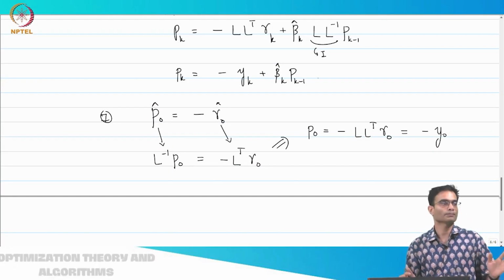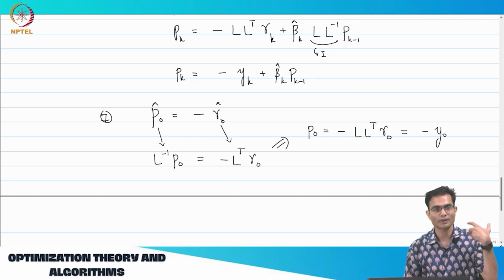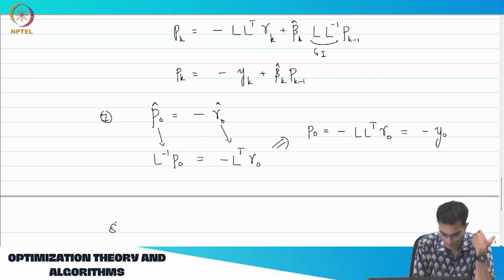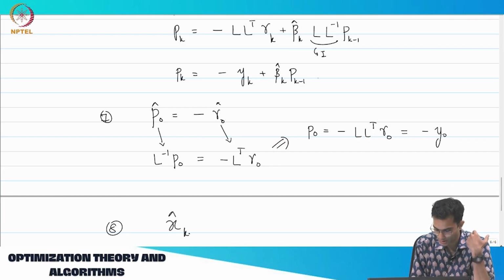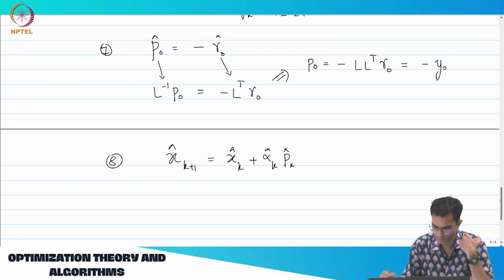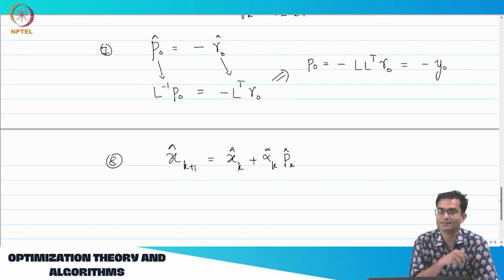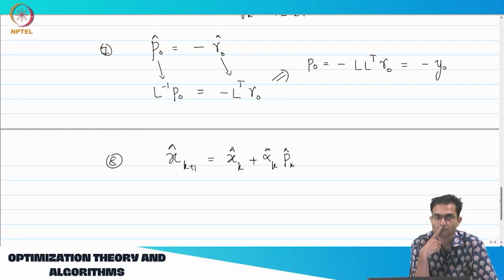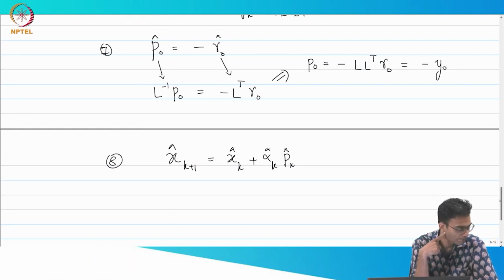The final piece of the puzzle is how do I go to the new x. So let us look at that. New x is going to be that is my expression for it. Now, what is x hat in terms of L?